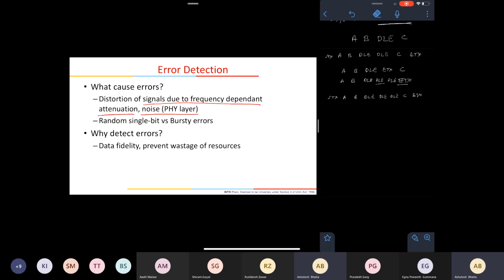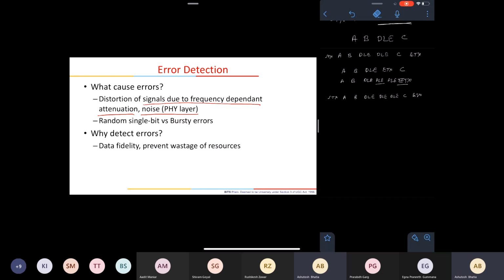And after 8 meters, it will be almost 1 by 9 something. So the energy reduces, and the receiver needs at least some threshold energy to make sense out of the received signal. Otherwise, it simply fails. So that is the reason why this thing can come.